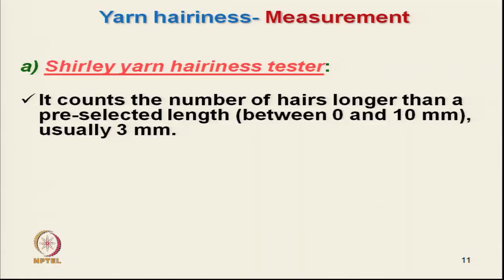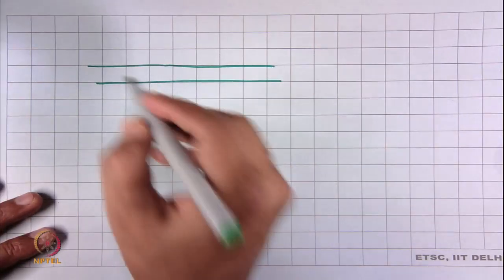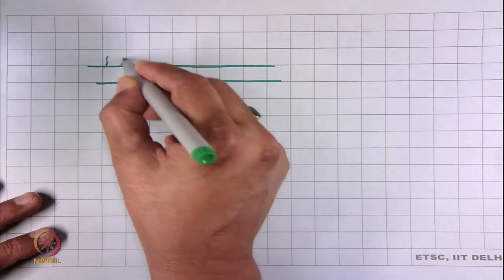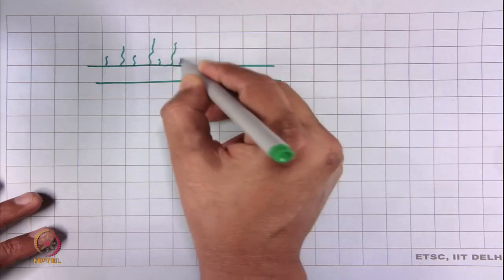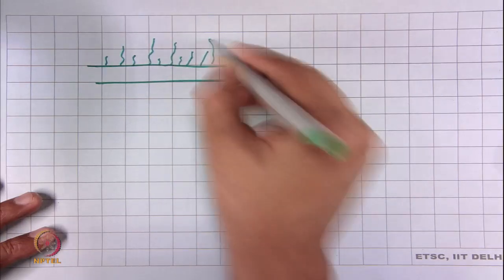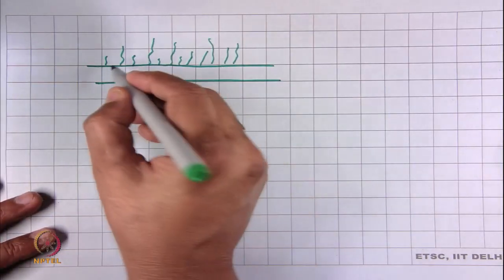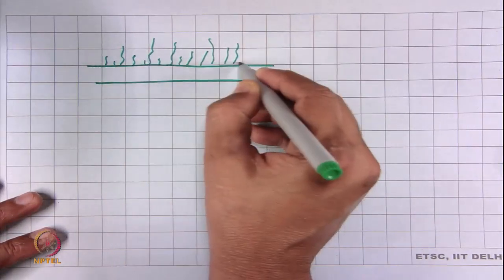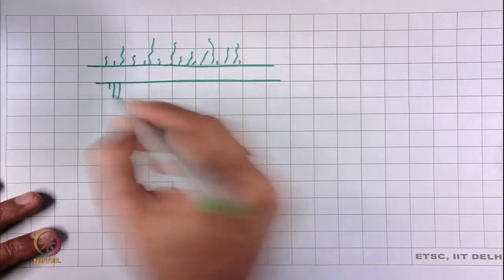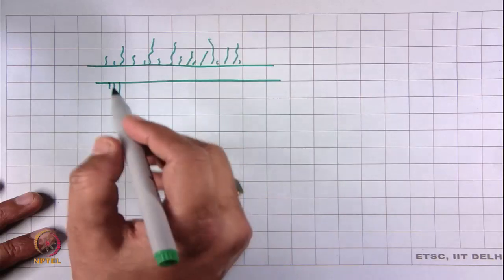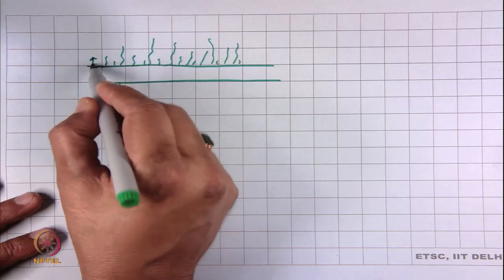Now, suppose this is the yarn. Here we have hairs of different lengths, on both sides. We want to measure the number of hairs; suppose this one is the length of 3 millimeter.